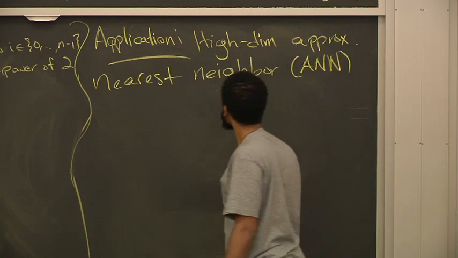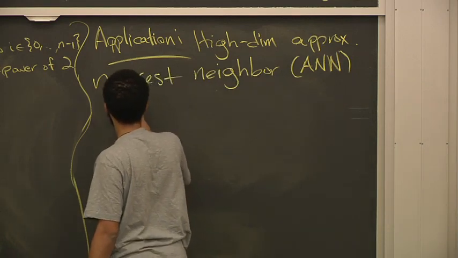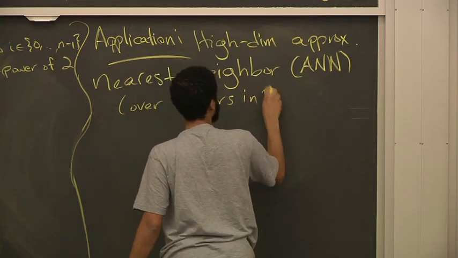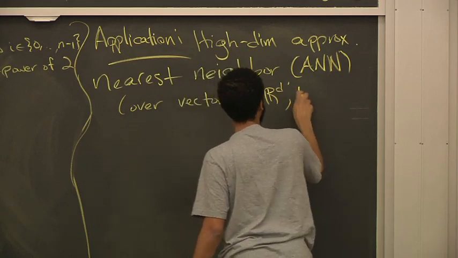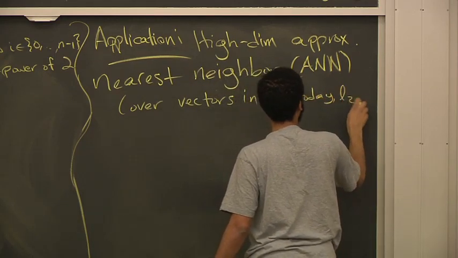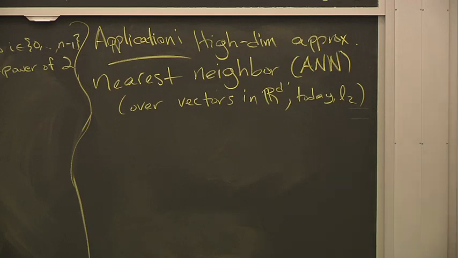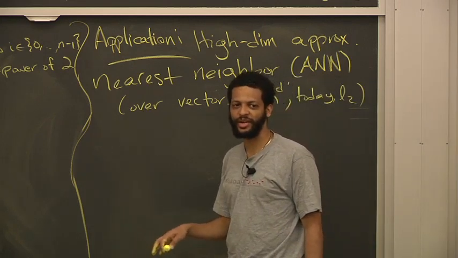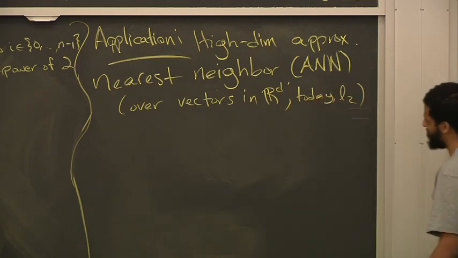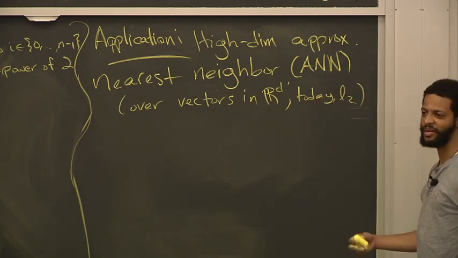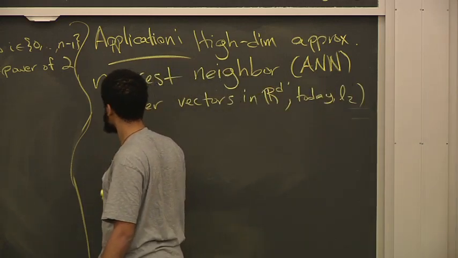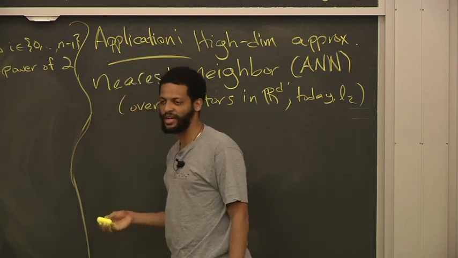So let's say over vectors in R^d, and today we're just going to look at L2 distances. If you remember your CLRS or undergrad algorithms, the usual way to do it is to set up what's called a Voronoi diagram.